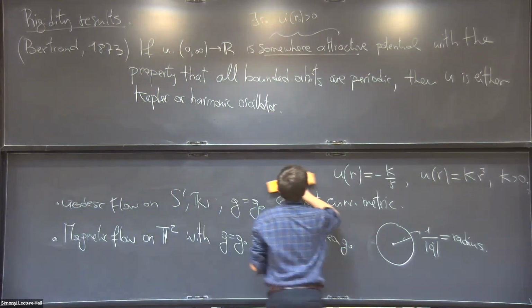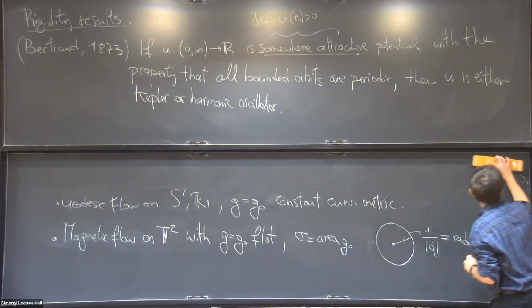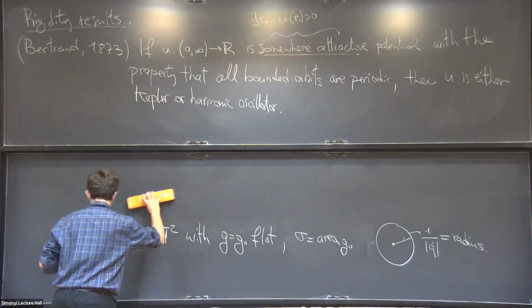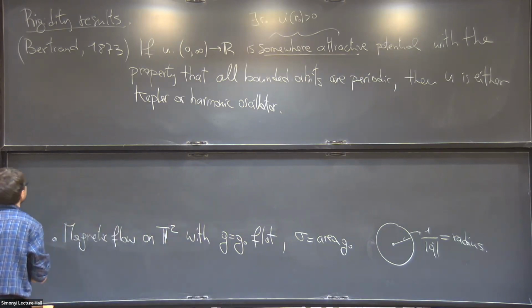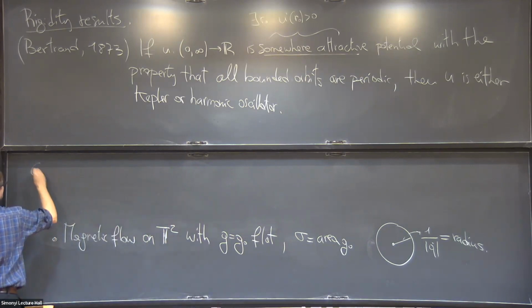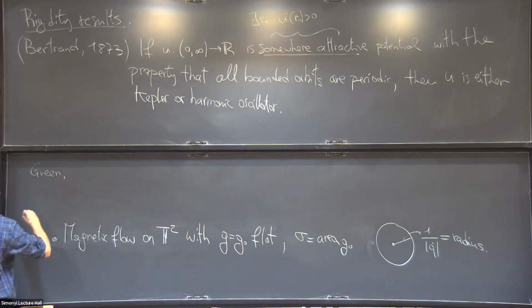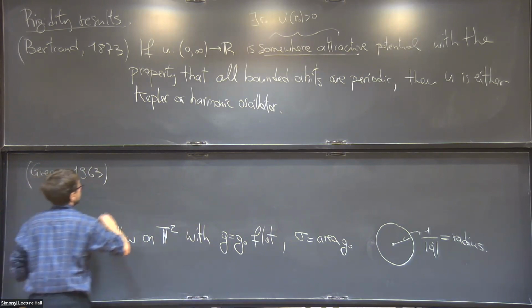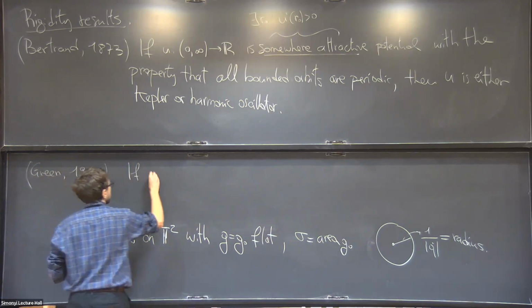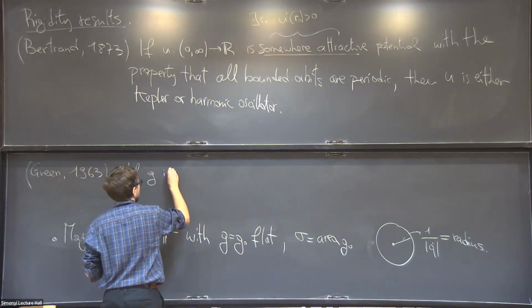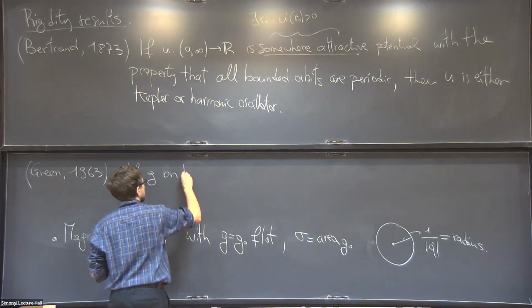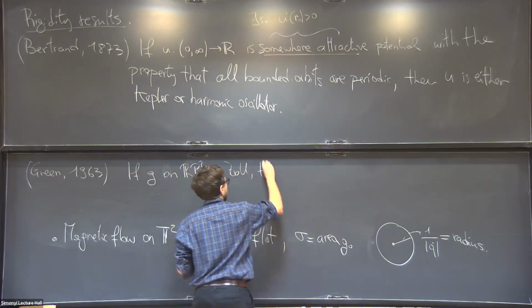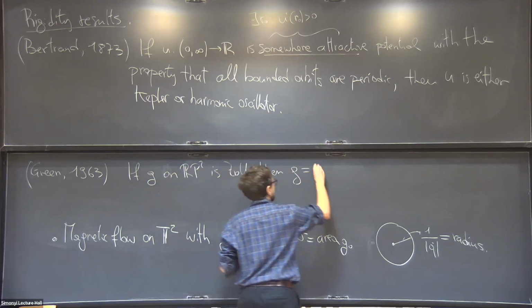Okay, so this is the first type of rigidity, and then you have another type of rigidity coming from topology. This is the case of RP2. This is the theorem of Green, 90 years later, that shows that if g on RP2 is Zoll, then g has constant curvature.